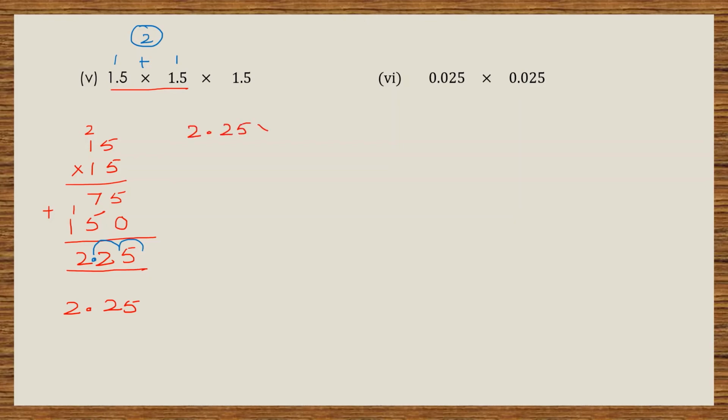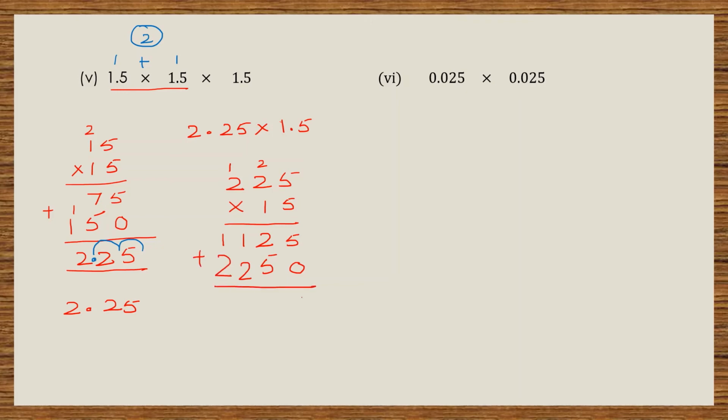Let's use this to make our new question. 2.25 into the third number, which is 1.5. So ignore the point. 225 into 15. 5 fives are 25, carry 2. 5 twos are 10, 12, carry 1. 5 twos are 10 plus 1, 11. 1 five is 5, 1 two is 2, 1 two is 2.